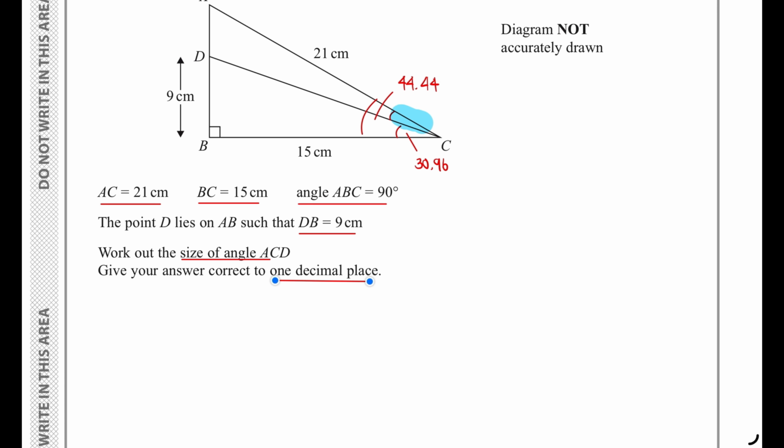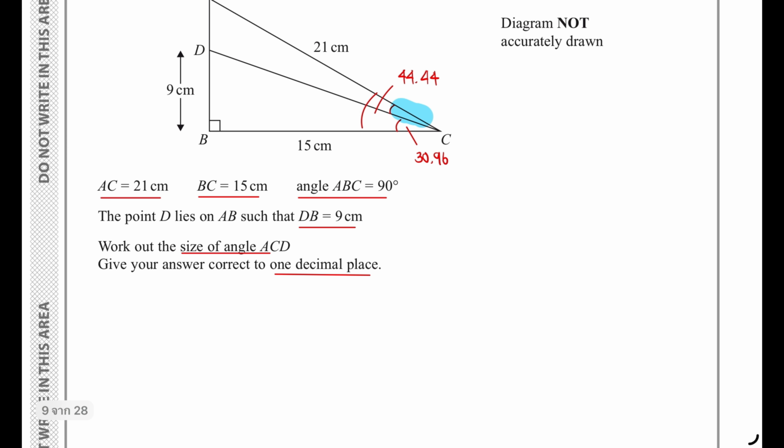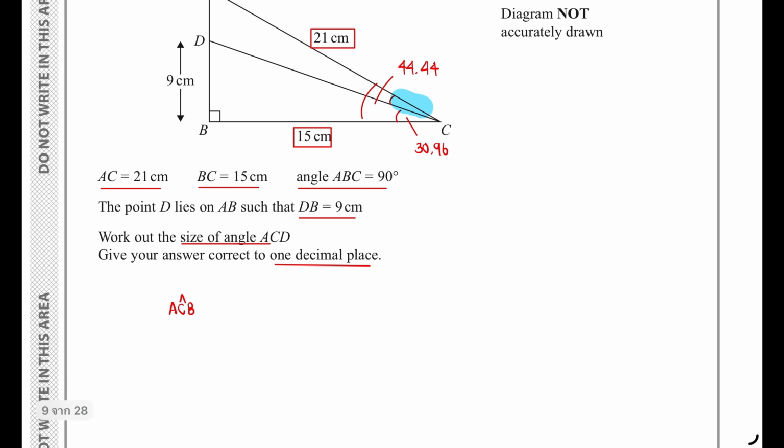Okay, so let's start with the triangle ABC. So I will find angle ACB, in which we know the adjacent, which is 15, and we know the hypotenuse, which is 21, so that we can use cos.